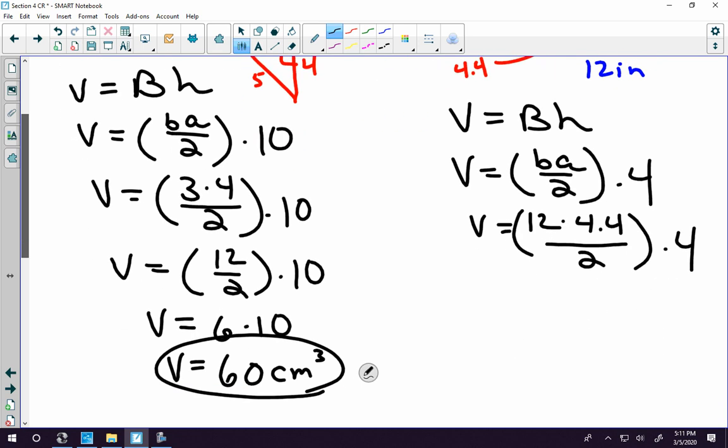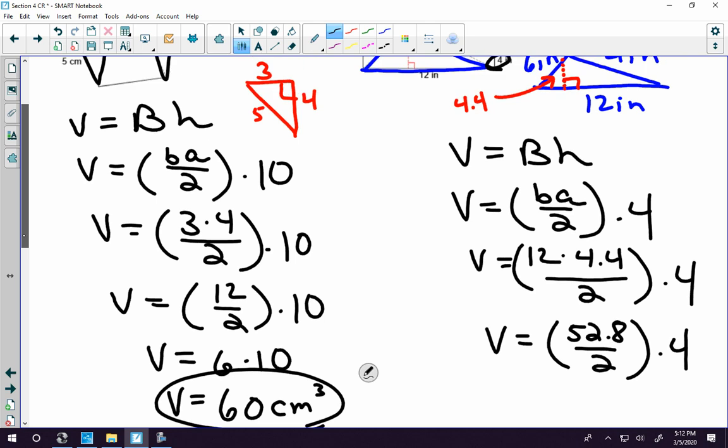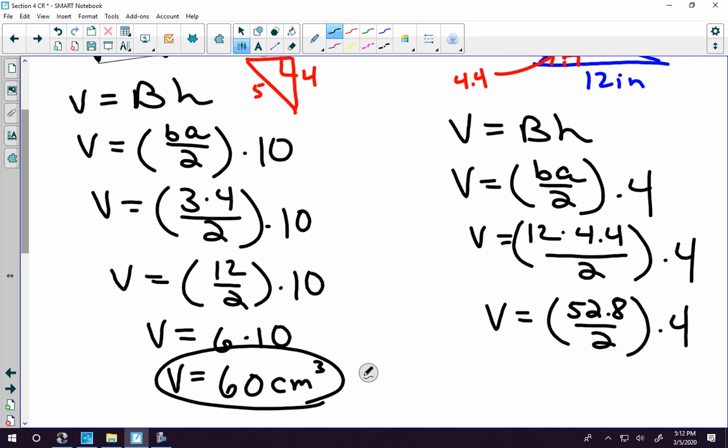So we got 12 times 4.4. That's going to give us 52.8. So we got 52.8 divided by 2 times 4. Half of 52.8 is going to be 26.4.